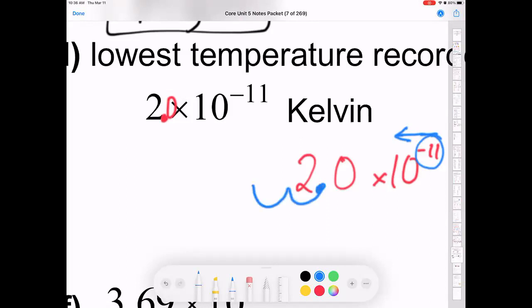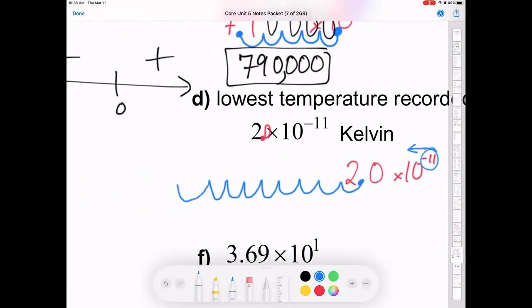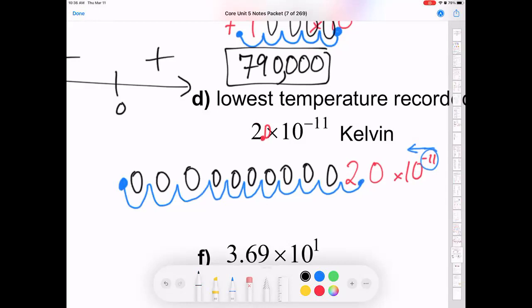So that's 1, 2, 3, 4, 5, 6, 7, 8, 9, 10, 11. We put our little decimal place there. And then anywhere we see those little bumps, we have zeros. So there, there, there, there, there, there. All of these places.